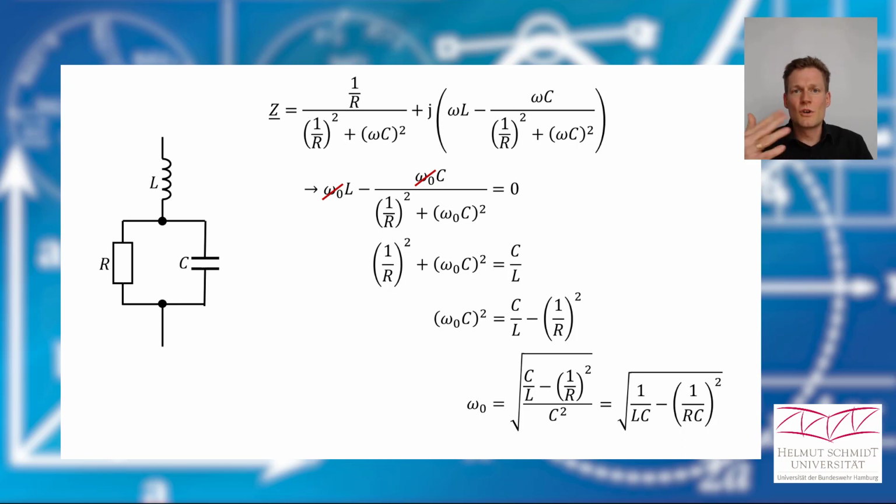Find the total impedance or the total admittance, whatever is more convenient in that case, and then split the expression for the impedance into real and imaginary part and set the imaginary part to 0. And then solve for omega. And that is the resonant angular frequency.